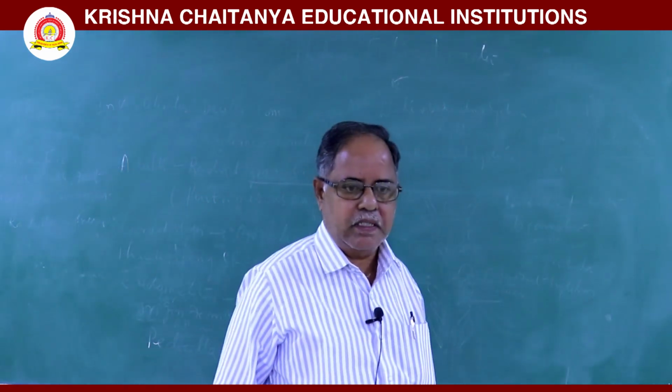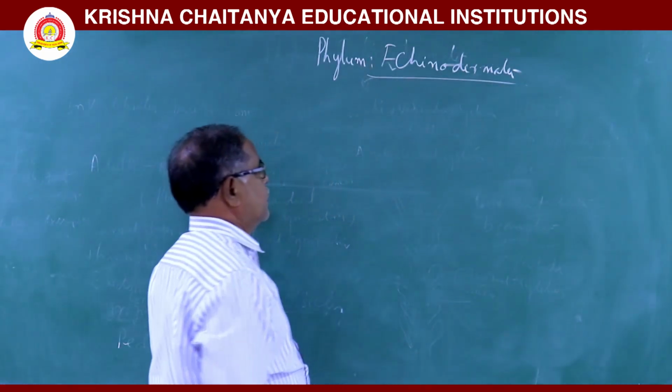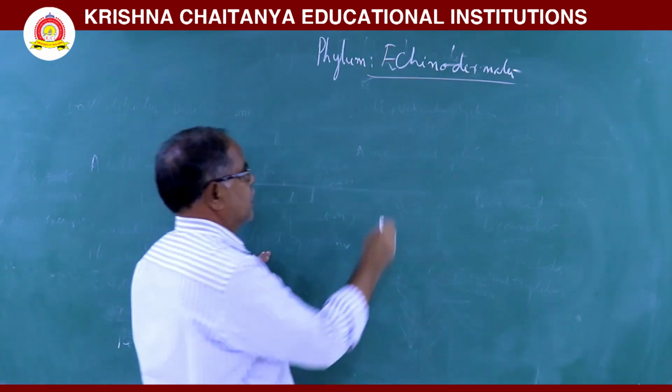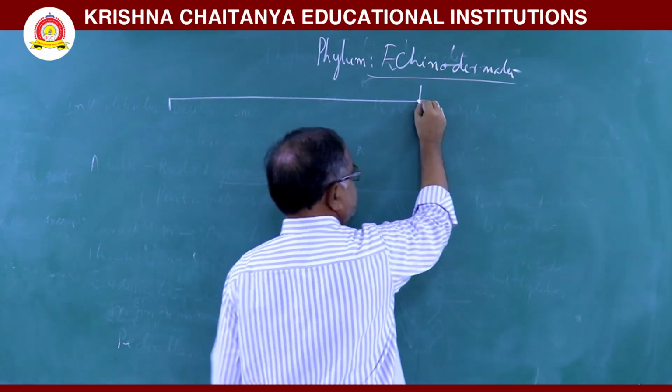Next, classification of Echinodermata. The phylum Echinodermata is further classified into two subphyla.